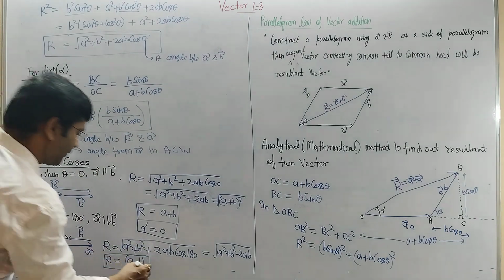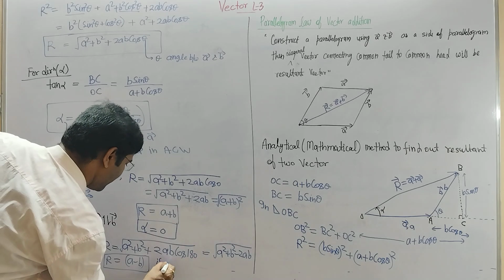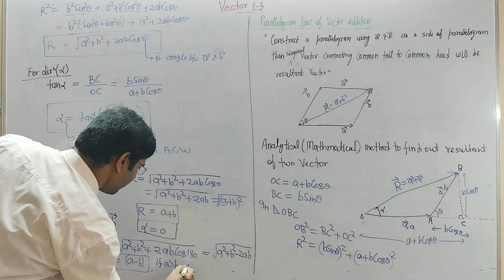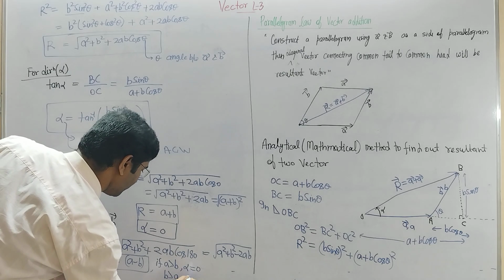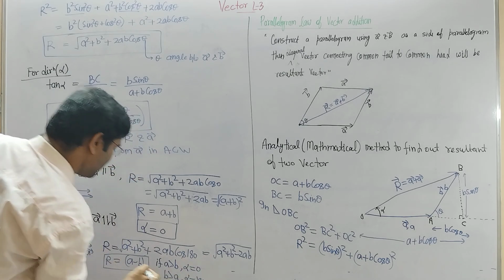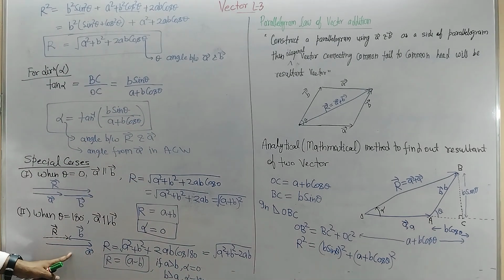If a is greater than b, then alpha will be 0. If b is greater than a, then alpha will be 180. Okay, that means whichever force or vector is greater, in that direction the resultant direction will be. Clear? So this is the second case.